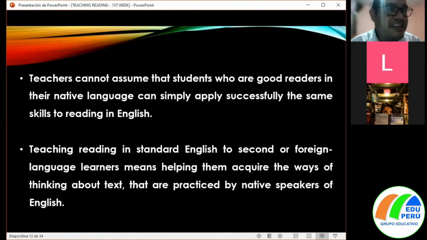There are many different strategies that we could give our students to understand a text. So this is important to remember, all right? As a teacher, you are going to help your students acquire different ways of thinking about the text. Don't forget about it.